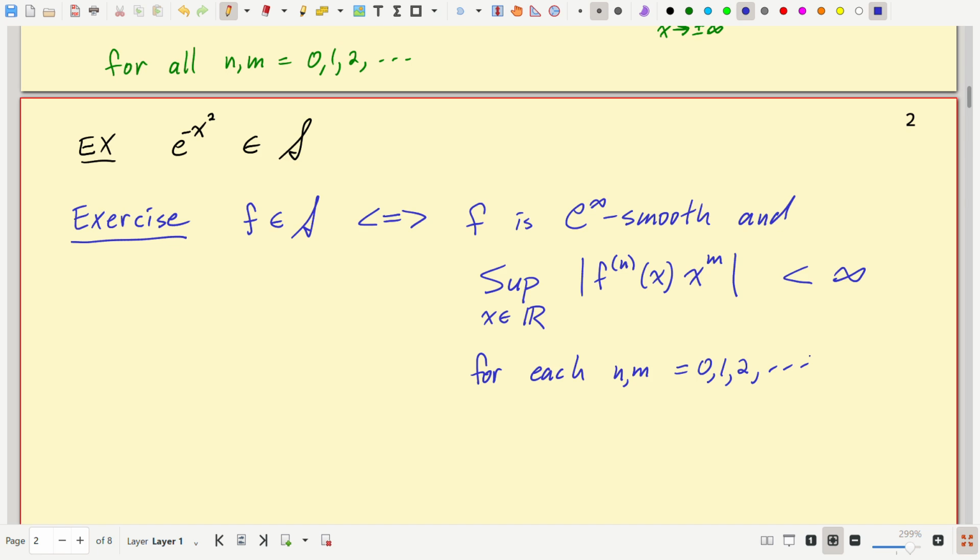Okay, I'm not going to do that. It's a pretty straightforward thing. One direction is obvious from the definition. The other direction, you got to think about a little bit.